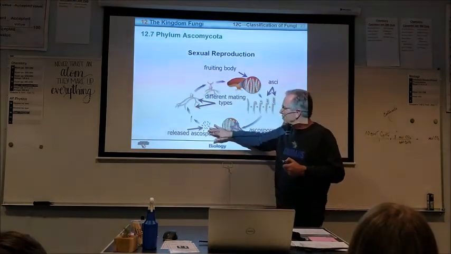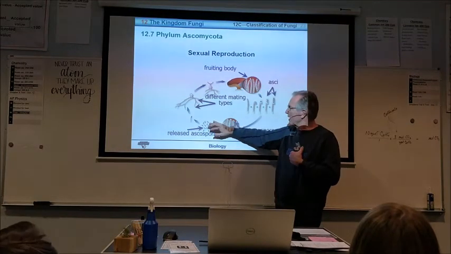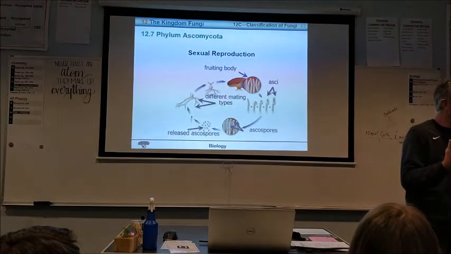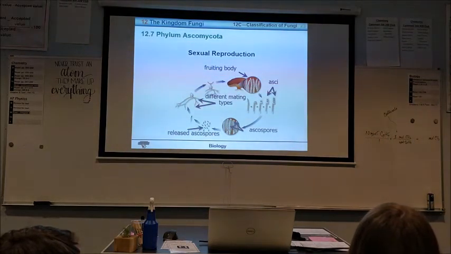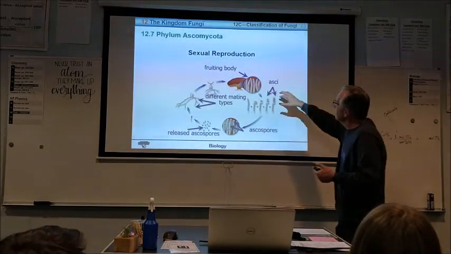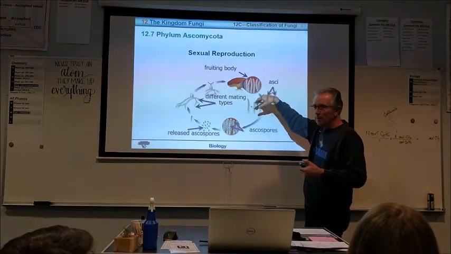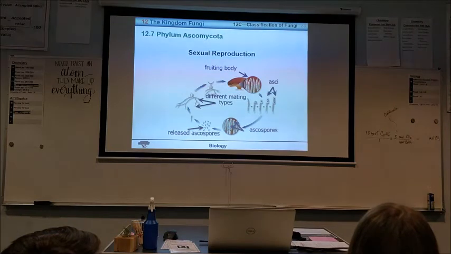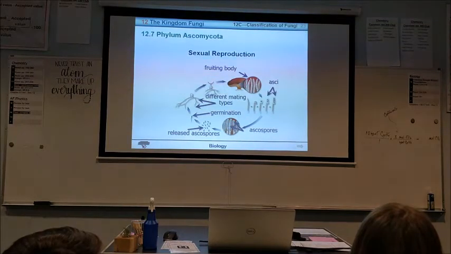And these ascospores, instead of zygospores, can germinate and become another one. But this is sexual reproduction, so there's going to be genetic variability. In other words, they're not all identical to each other. And that's just showing them germinating like in the other one.